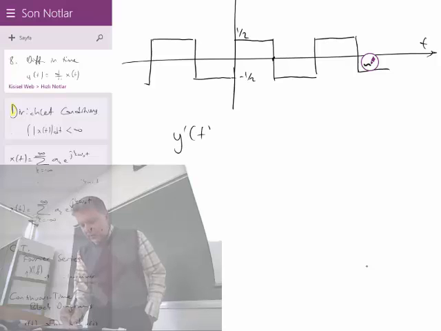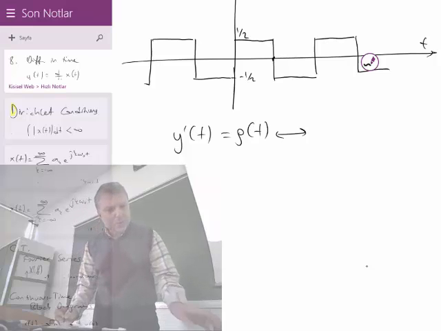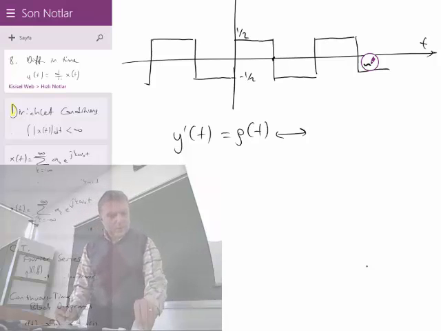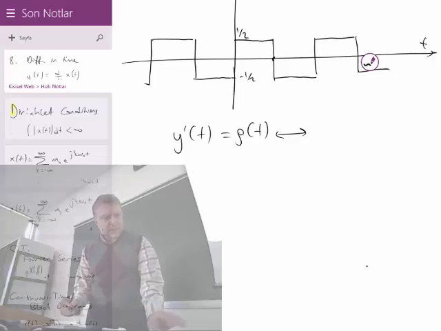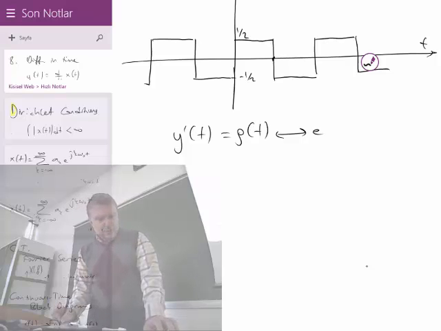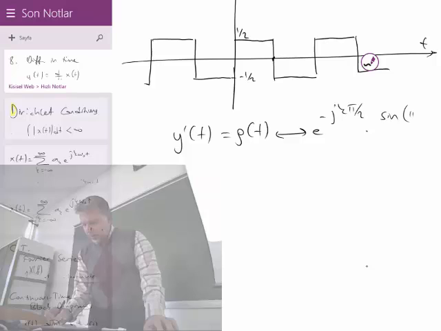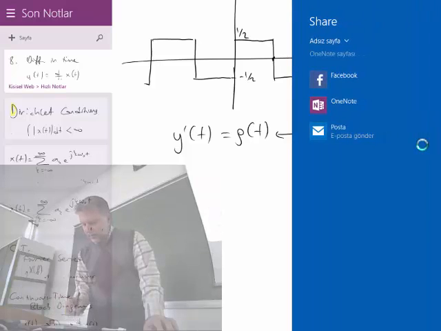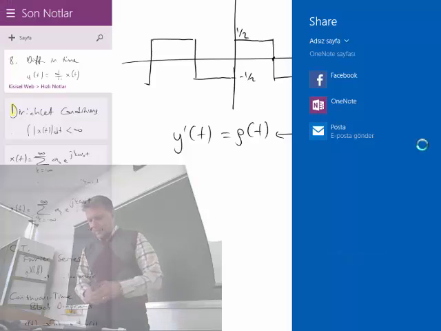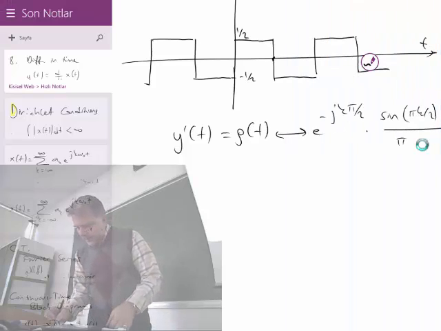So y prime of t is equal to g of t, and its Fourier series coefficients were already found. What was that? It was e to the minus j k pi over 2 times sine of pi k over 2, divided by pi k.